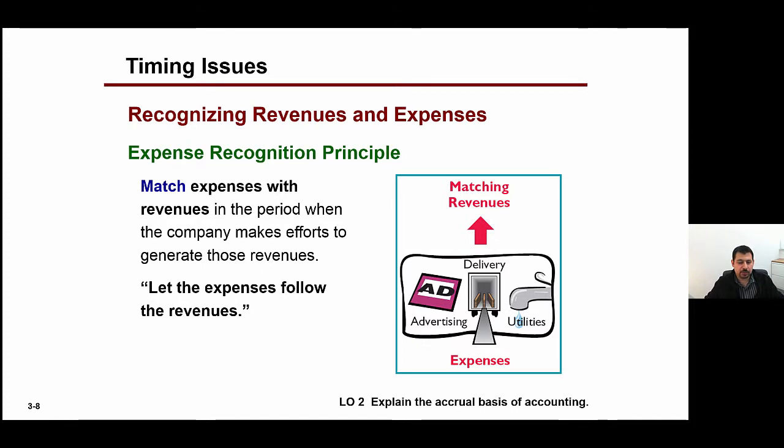And what do we mean by that? As you remember, expenses are resources that the company uses in order to generate revenues. And as a result, all the expenses that the company has incurred to generate certain revenues have to be recorded at the same time as those revenues.